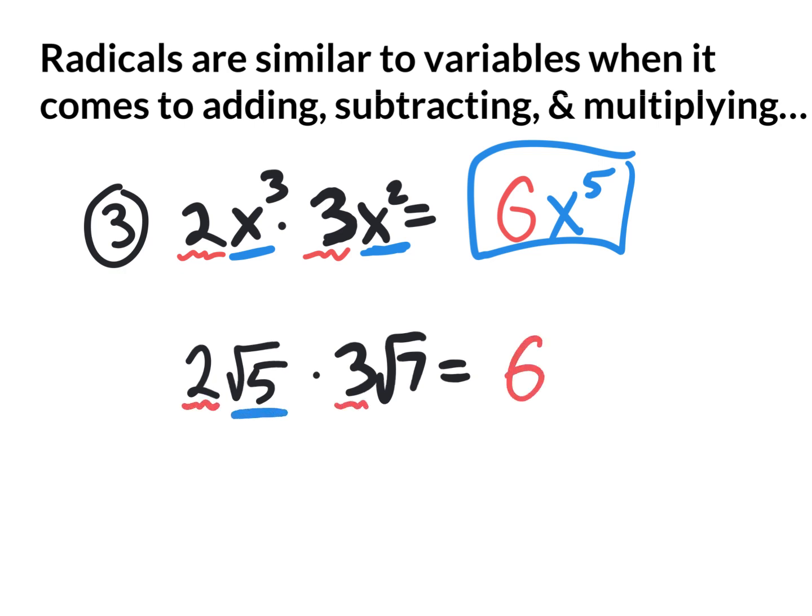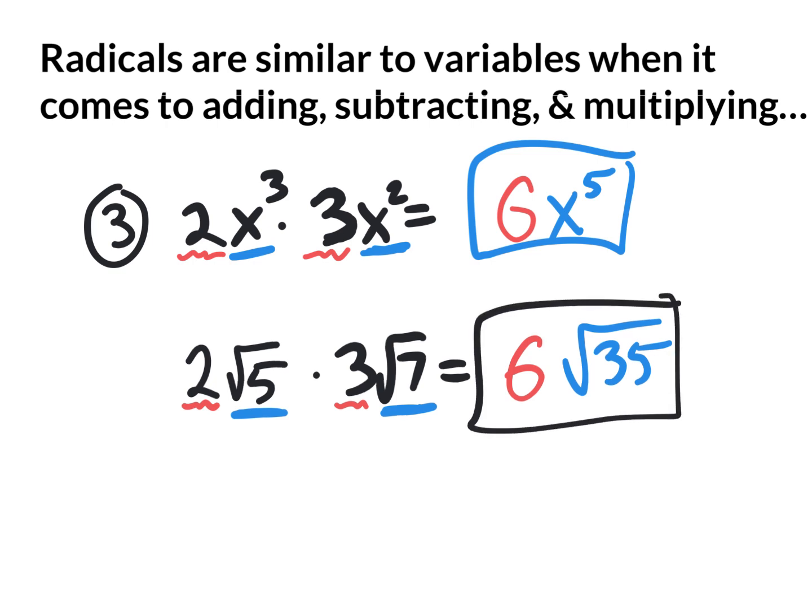And right here you can multiply square root of 5 times square root of 7 and get what? Square root of 35. Yes, you're supposed to try and simplify 35, but you can't, right? 35, you can't break it down with multiplication to get a perfect square number. So there's your final answer there. So I just wanted to show you the similarities between what you already know and doing those math operations with square roots.